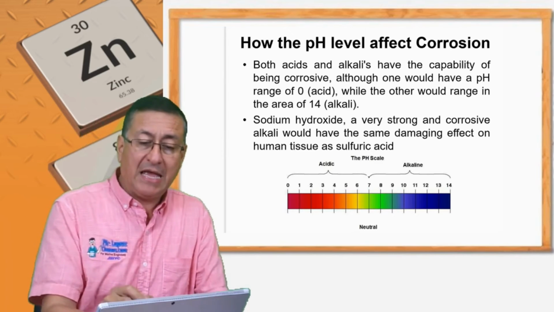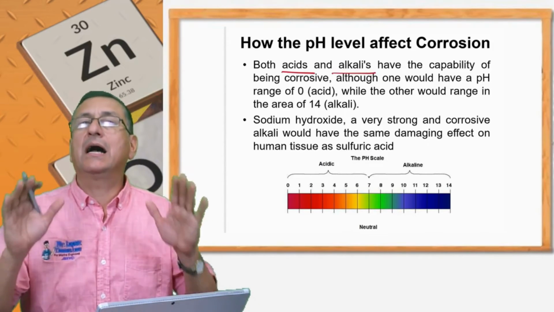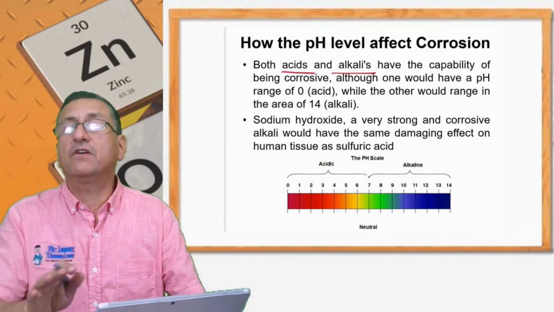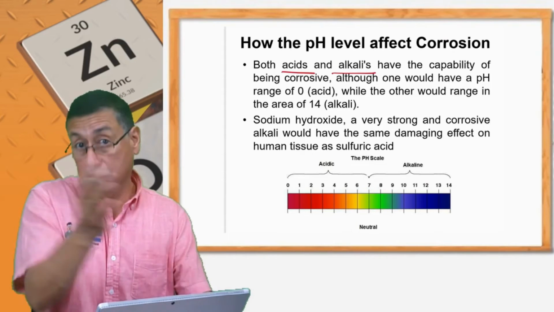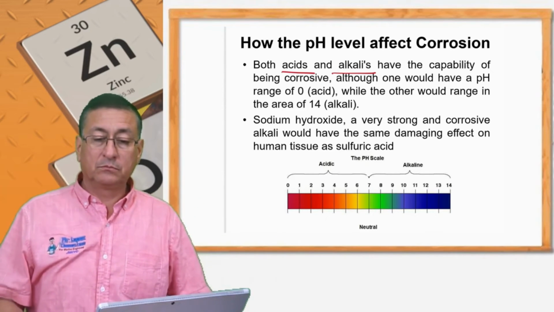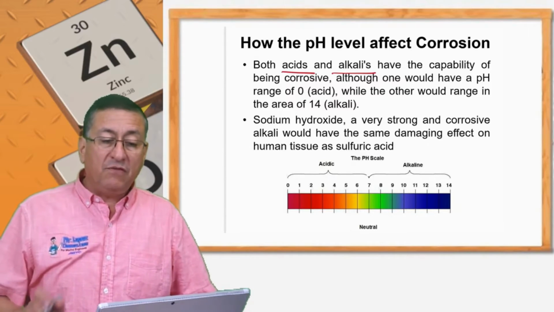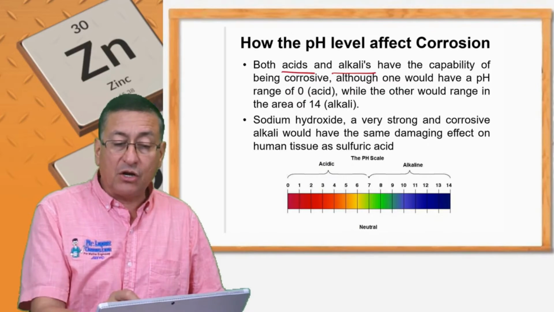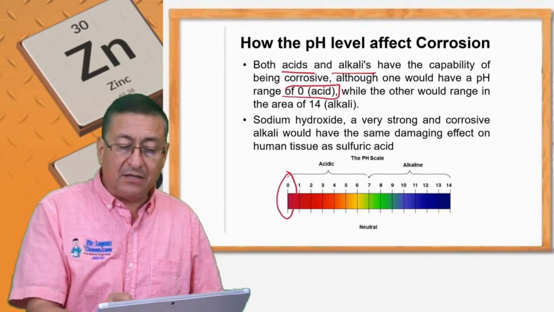Both acids and alkalis are highly corrosive. Both of them produce or accelerate corrosion. Both extremes are not good. For that reason, if you have a pH close to 0, it is acid.